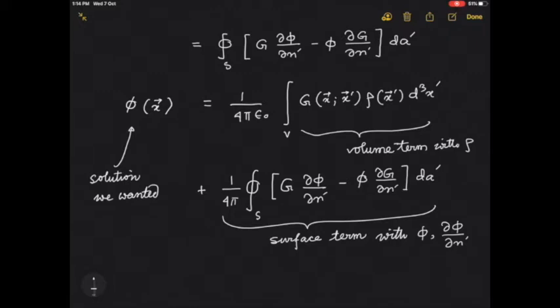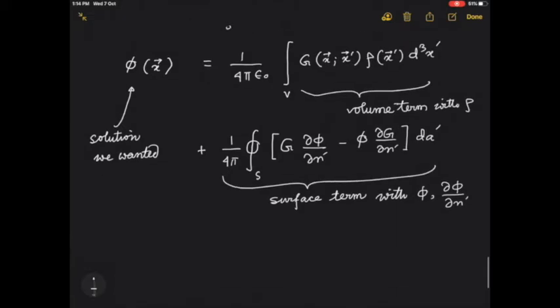So some properties of the phi, the potential if you wish, has to be known at the surface, and I need to know what is rho at the volume.